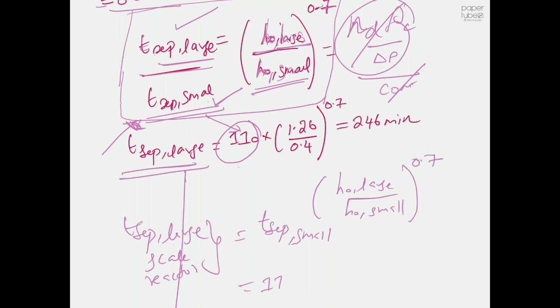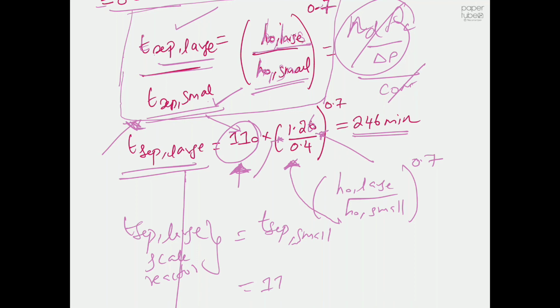I already solved this problem. 110 multiplied by 1.26, that we just calculated, that's the height of your dispersed phase when time t equals 0 in the larger tank, divided by 0.4, the height of the dispersed phase in the smaller tank, which is 0.4 meter. So we need 246 minutes.